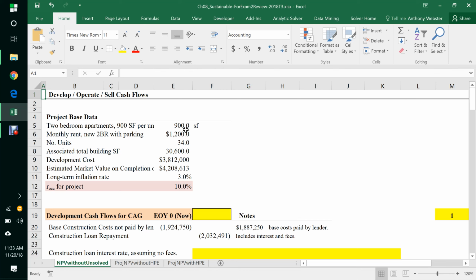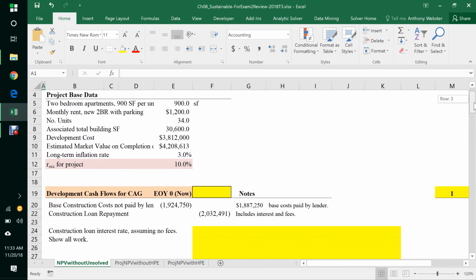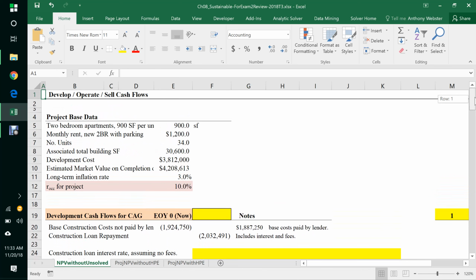Okay. All right. So what we need to do is I've tweaked a problem that we've looked at before a little bit to make it a little more interesting, maybe a little bit more like what you'll see right after Thanksgiving at our next meeting. So this is a case where we're going to develop and then we're going to get a mortgage when the property is ready to be a cash flow producing property.